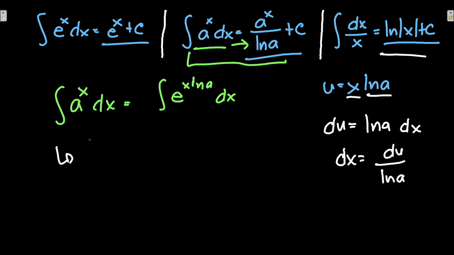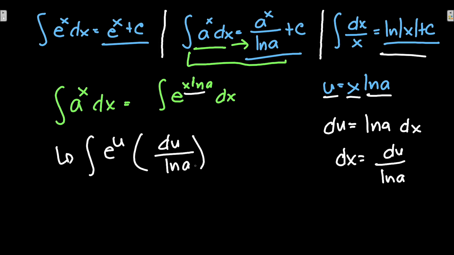So rewriting that, this would be the integral of e to the power of x ln a, which is u, multiplied by dx, which is du over ln of a. And so this would be the integral of e to the power of u du over ln of a.